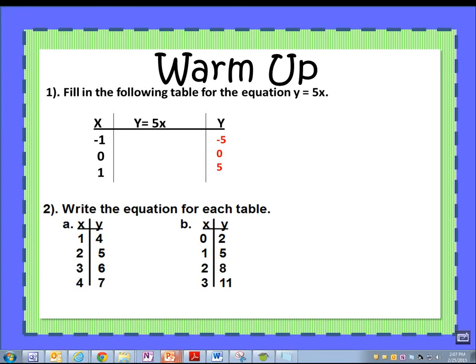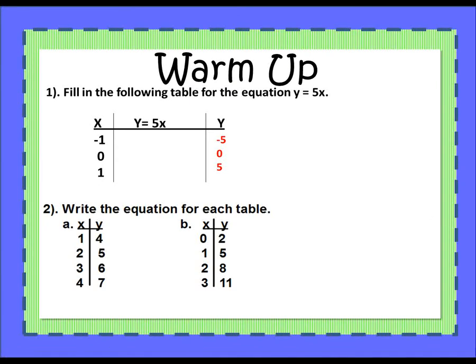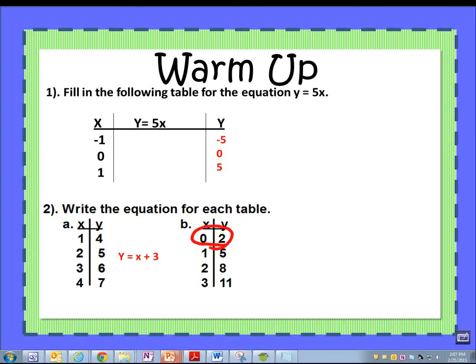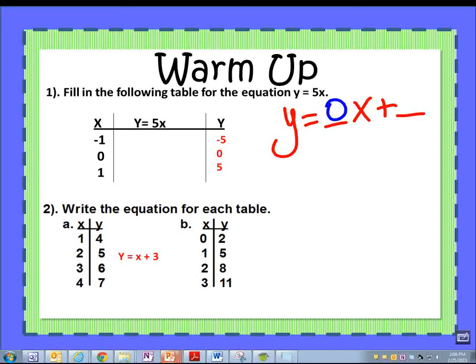Do you guys remember what we said about the zero trick? What was the zero trick, Sam? Because you know that y equals blank x plus blank, and if you have 0 as x, then whatever you're adding to it has to be what you're adding. Good.